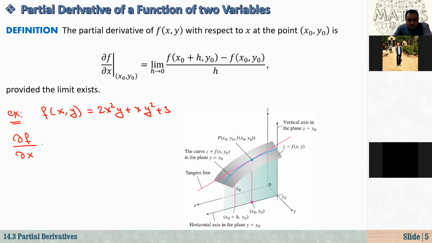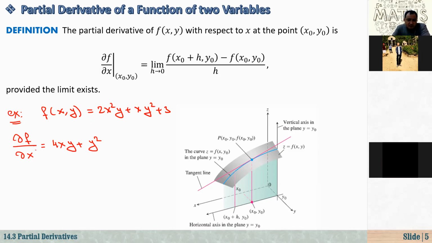This means we just treat y as a constant number. Then we differentiate with respect to x. 2x squared gives 4xy, plus y squared is a constant with respect to x, and the derivative of x is 1, so we have y squared. And the derivative of 3 is 0. So this is the derivative of this function with respect to x.